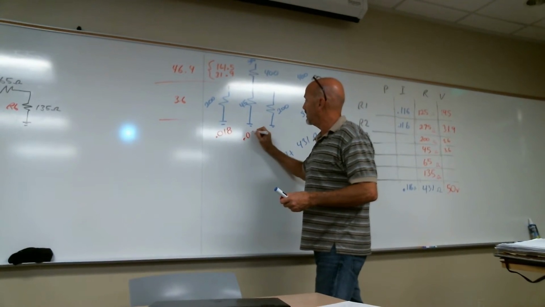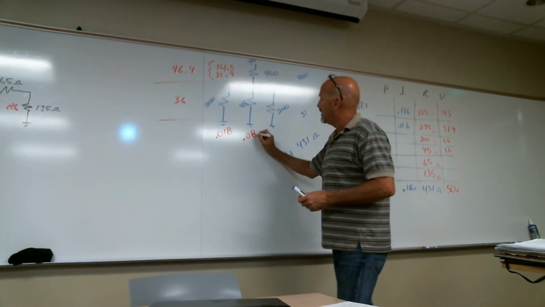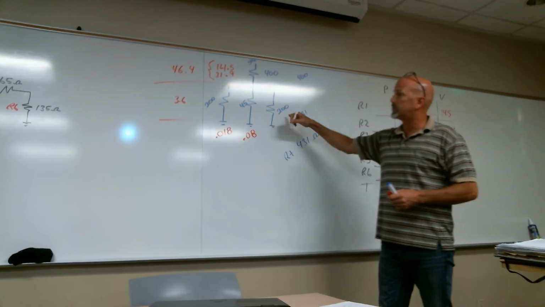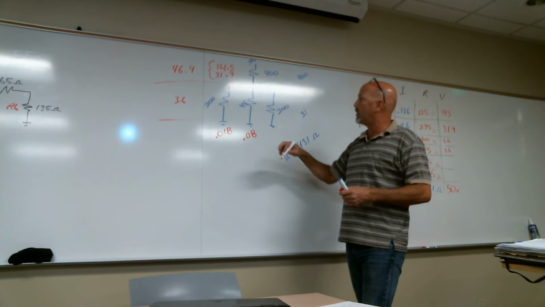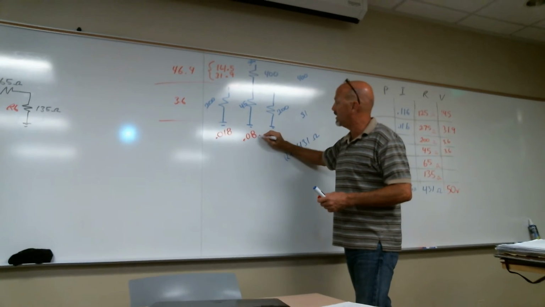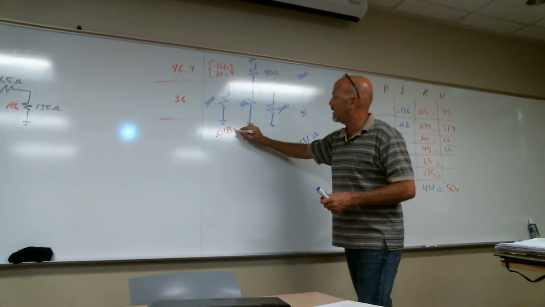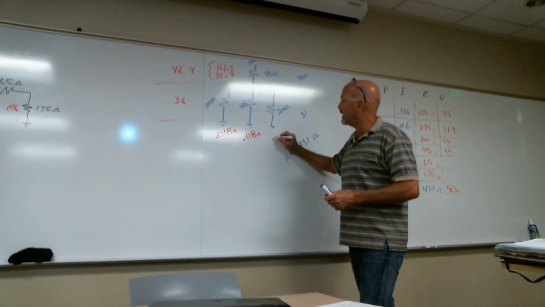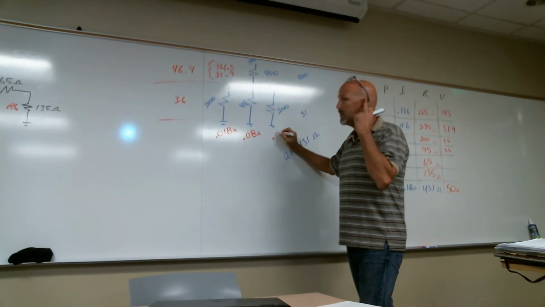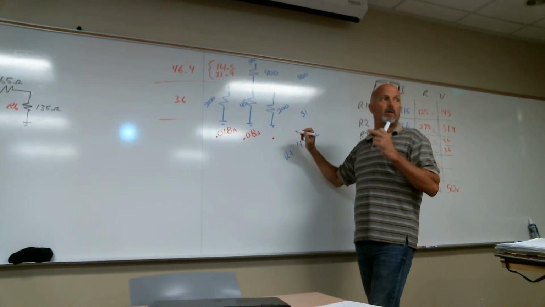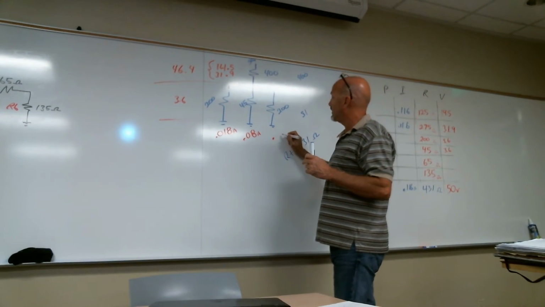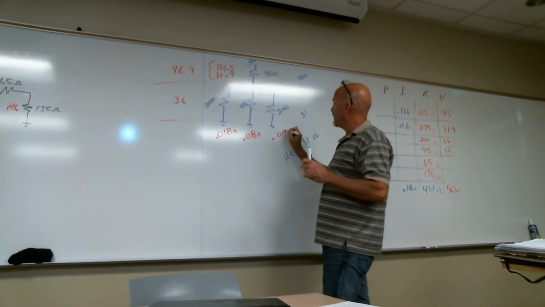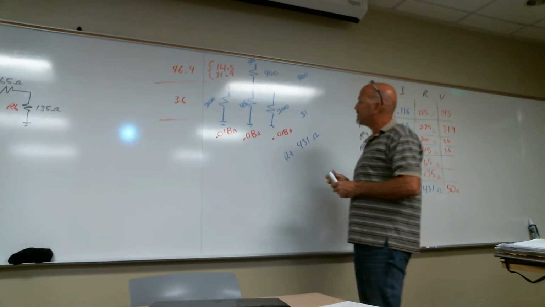Now I'm going to use the combined resistors at 200 ohms with my 3.6 volts. It'll be the same as R3, 0.018.